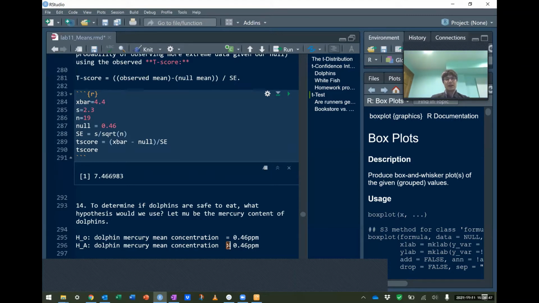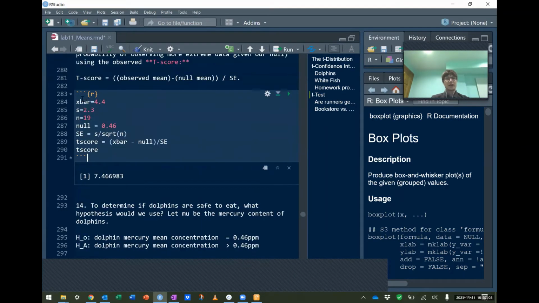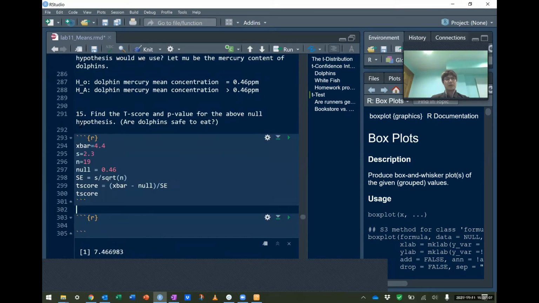In this case, we're really concerned if the dolphin mercury concentration is above our limit. So that's going to be the alternate hypothesis. Okay, so now let's find the p-value and the t-score. We already found the t-score. So let's put that actually down here.